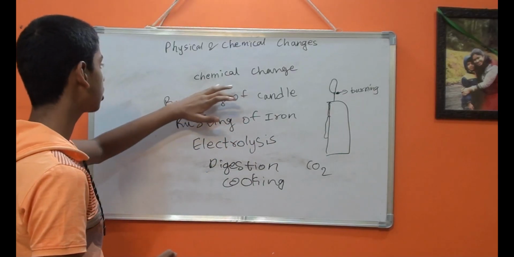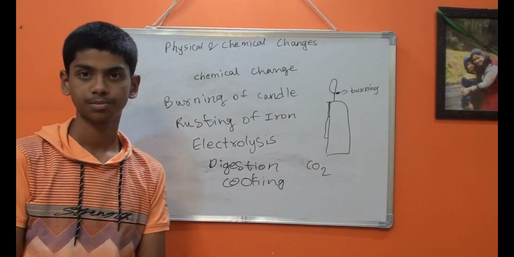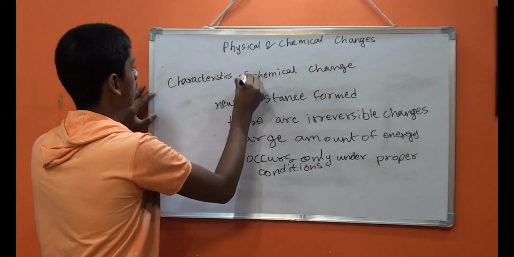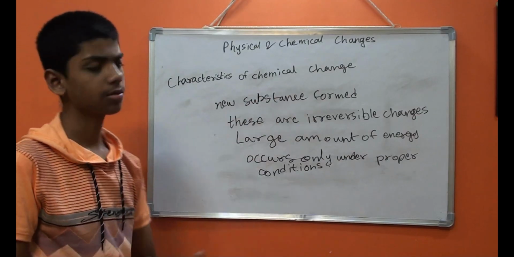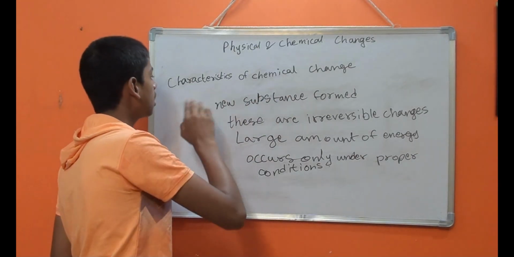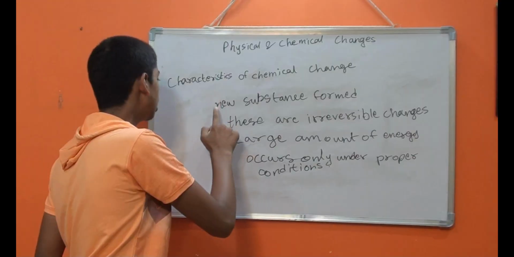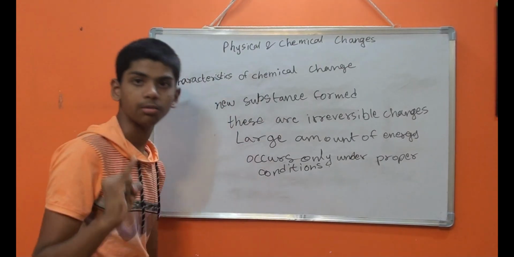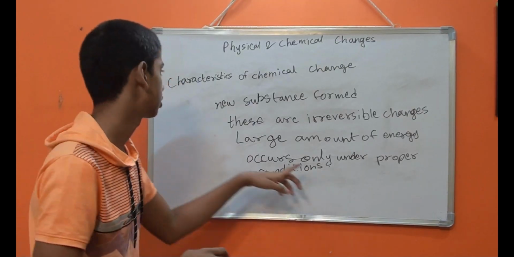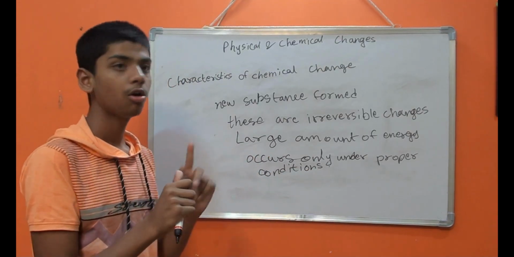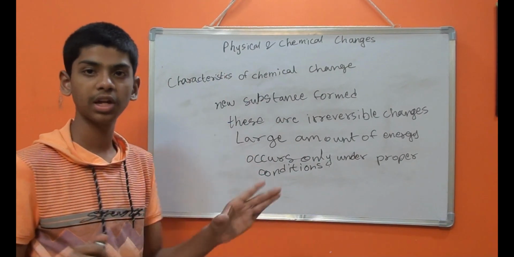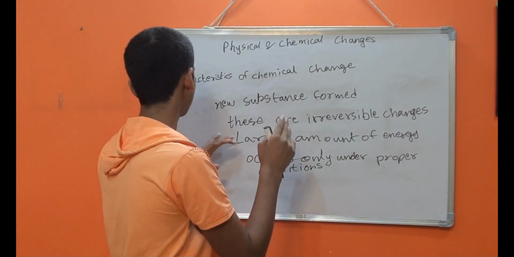Now let's see the characteristics of a chemical change. In every chemical change there is a new substance formed. Every chemical change is an irreversible change. Rusting of iron is a chemical change, but it can be reversed after a very hard process.